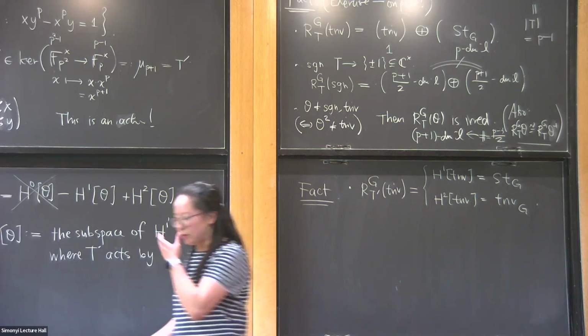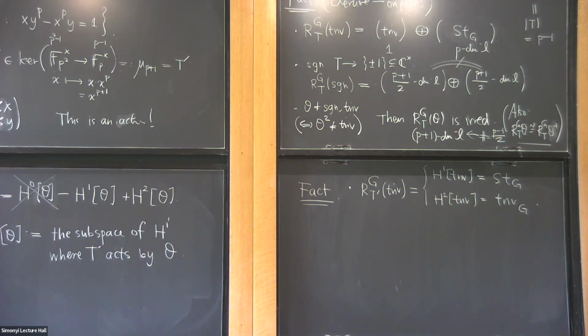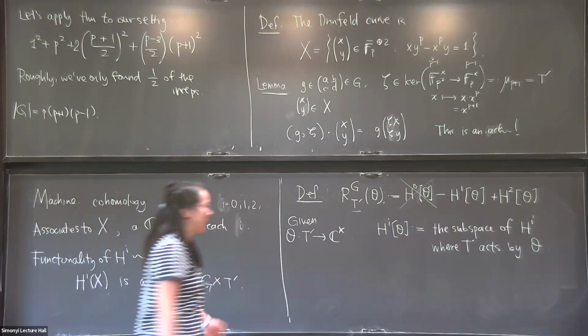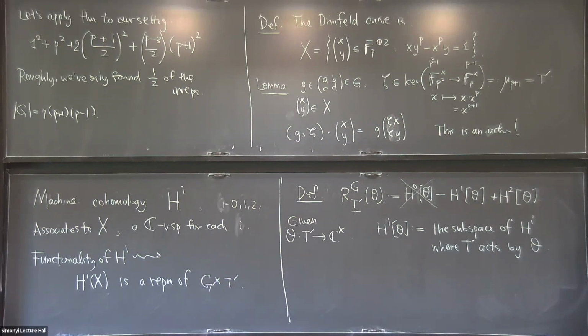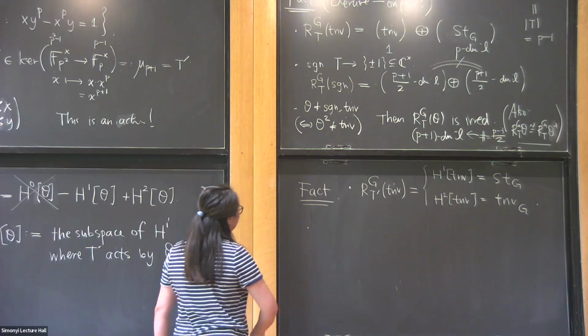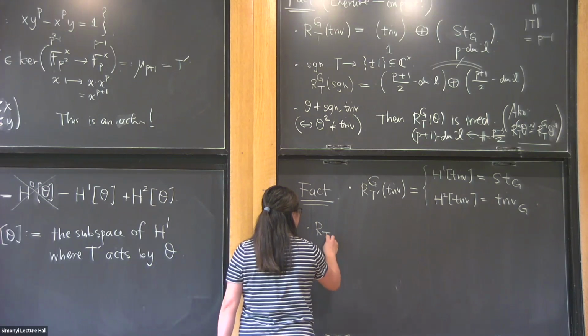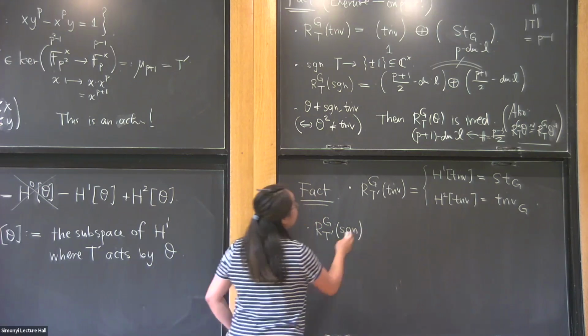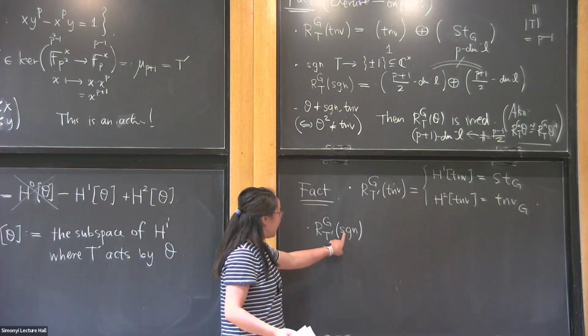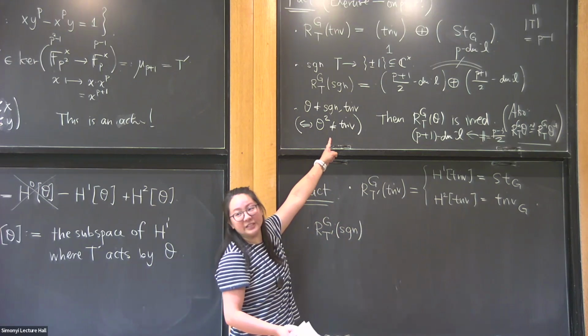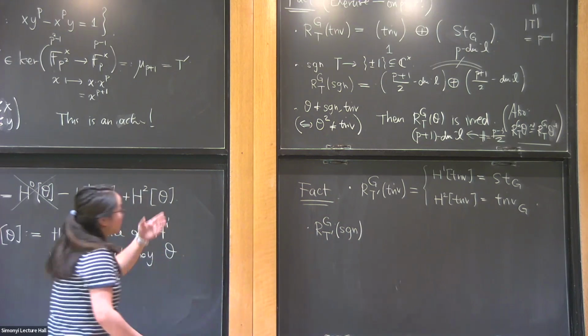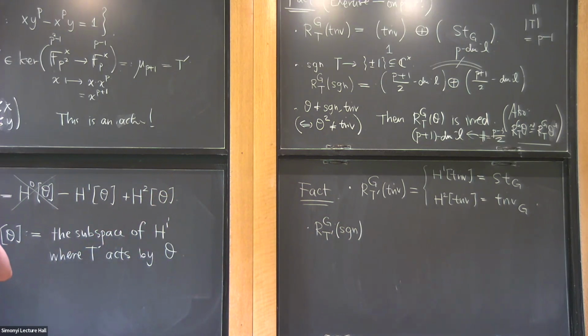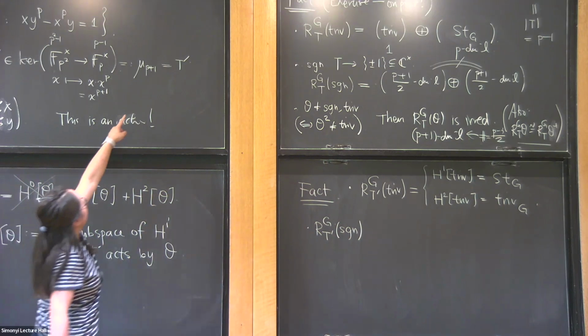Okay, so in some sense, you should see this and you should be a little bit disheartened because we didn't gain anything from doing this complicated stuff. But the next thing I'll write down gains us something. So if I take R_{T prime} G of the sign, now it's a different sign character because that one was on this F_p star, which was a p minus 1 size group, and this one's on a p plus 1 size group.